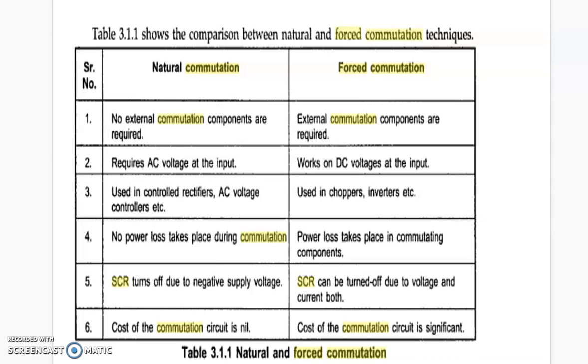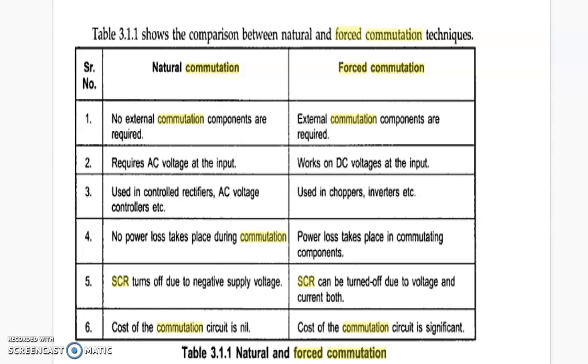Next we will come to forced commutation. In forced commutation we need an external commutating circuit, which forces the SCR into the turned off state. This can work with DC voltage as input, and it is used in choppers and inverters. In this commutating method, power loss happens and there is a cost for including an external commutation circuit. The SCR can be turned off due to voltage and current.